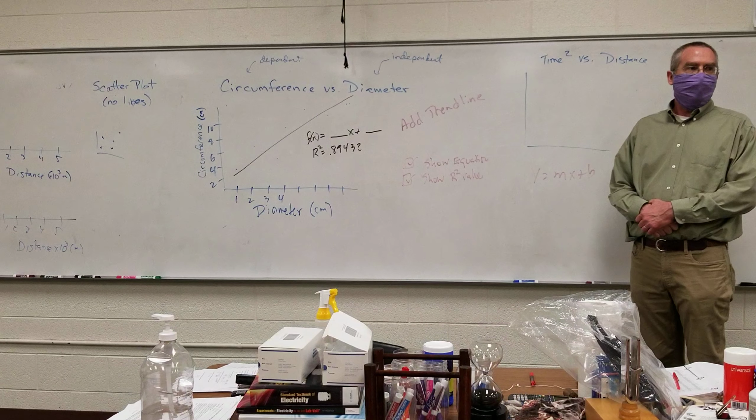You'll definitely be doing two graphs, that's one of them. The other one is, I think, time squared versus distance, or average time squared versus distance. Other questions at the moment?